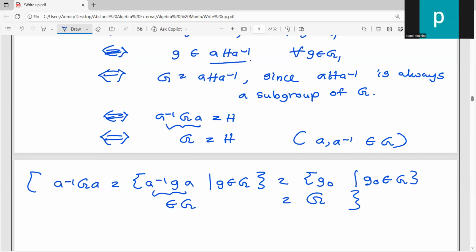So we see that G is equal to H. So aH is a fixed point if and only if H is equal to G.